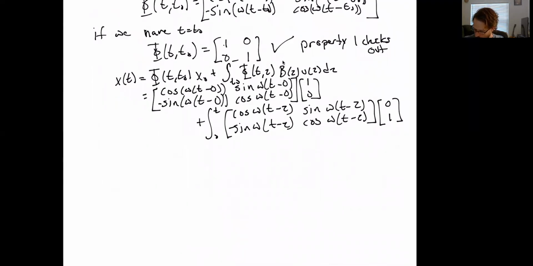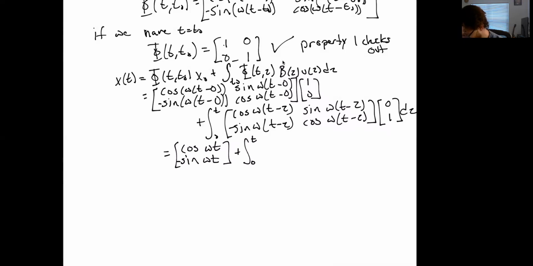All right, so plugging and chugging through this, and then we get a d tau. Cool. So then if we multiply [1; 0] here, in the top element we'll get the cosine omega t, plus 0 times the sine of omega t. And then in the bottom one we'll get minus sine omega t plus 0 times cosine of omega t. So then plus the integral from 0 to t.